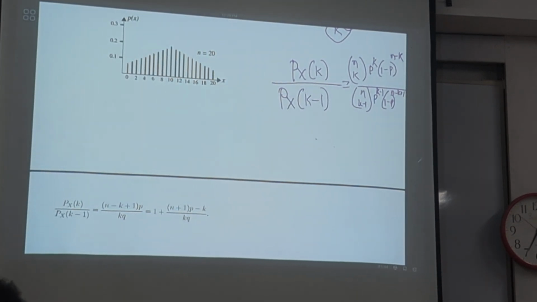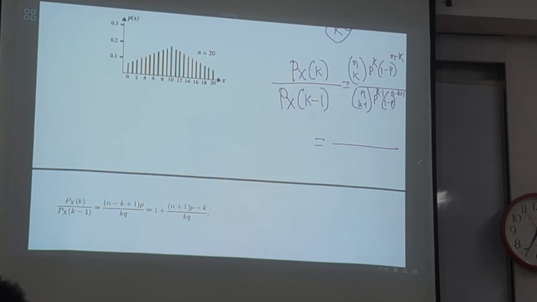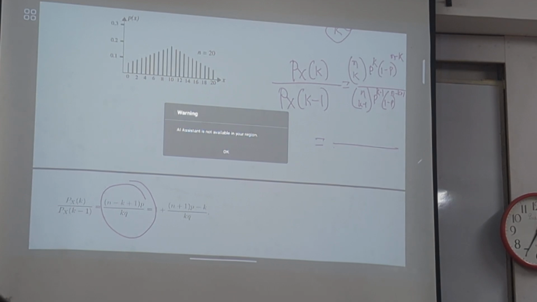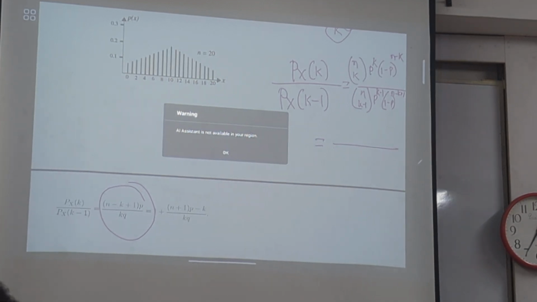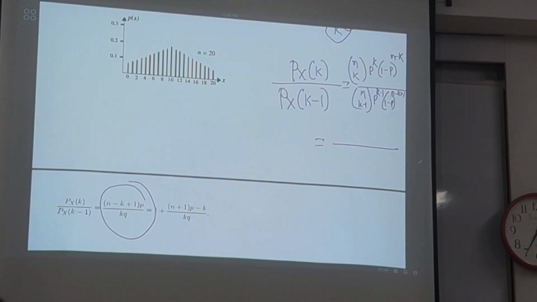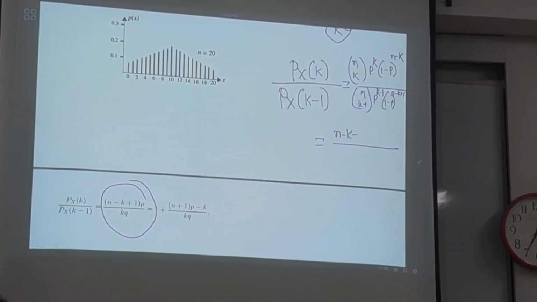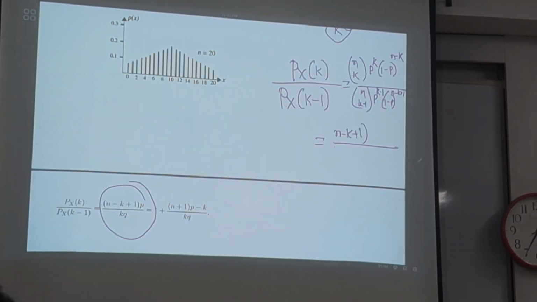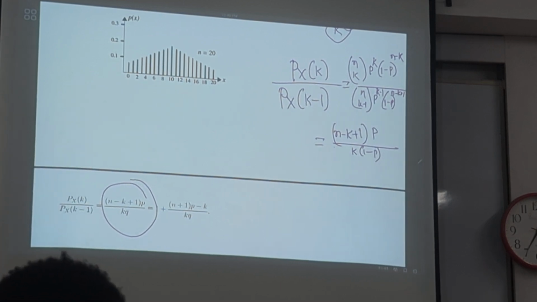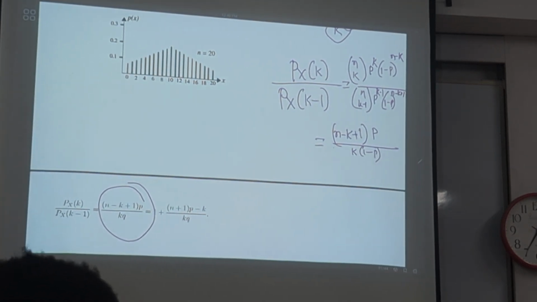And this actually results in this one: n minus k plus 1 times p, divided by k times 1 minus p. Right? If you just process it, you will end up with this one.